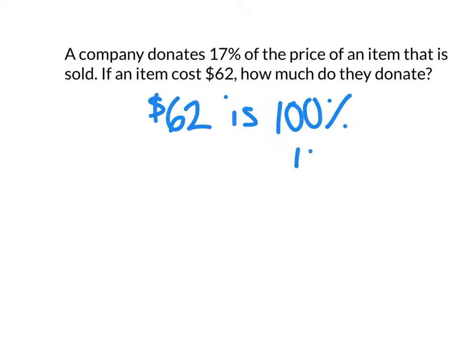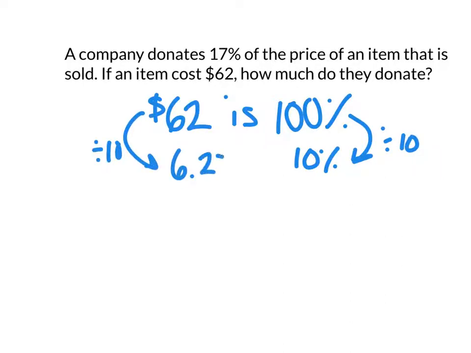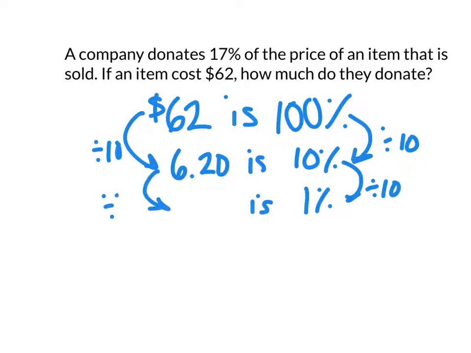So I'm going to get to 10% by dividing by 10. And that means that $6.20 is 10%. While I'm at it, I'll get to 1% by dividing by 10 again. When I divide by 10 again, I get 62 cents is 1%.